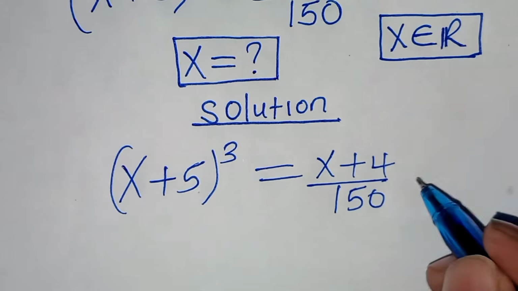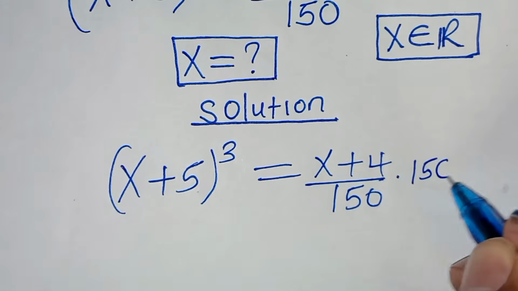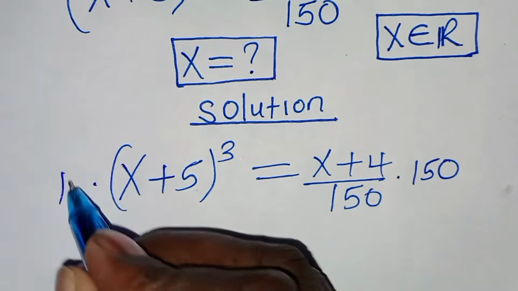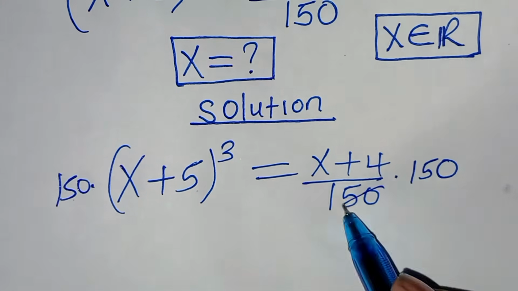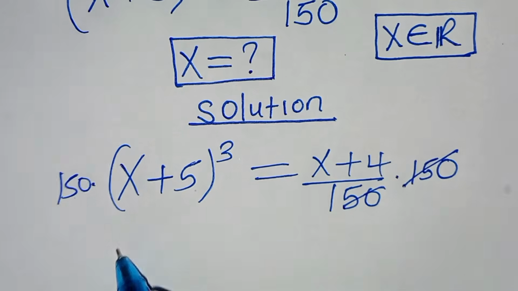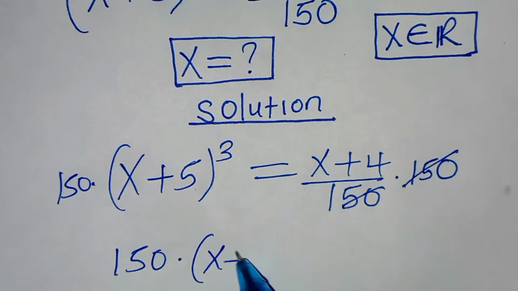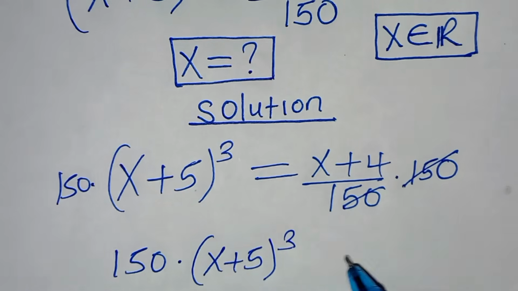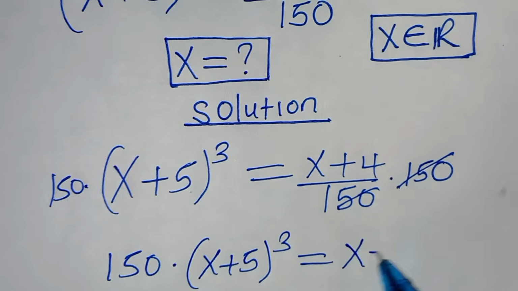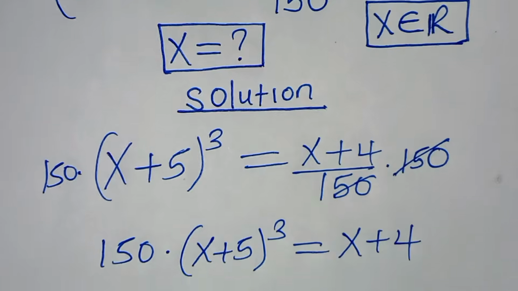So the first step here is to multiply both sides by 150 so that you simplify here. So we have 150 times (x + 5)^3 is equal to x + 4.